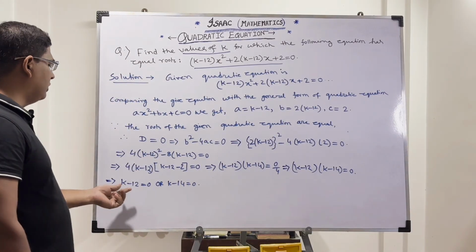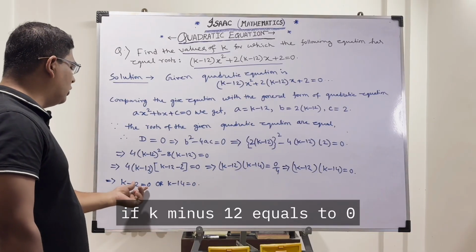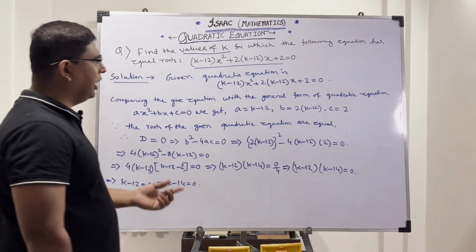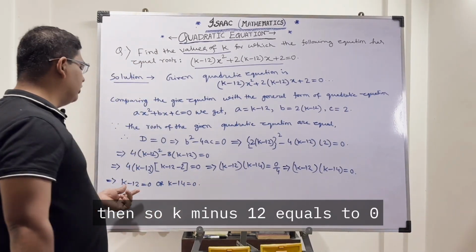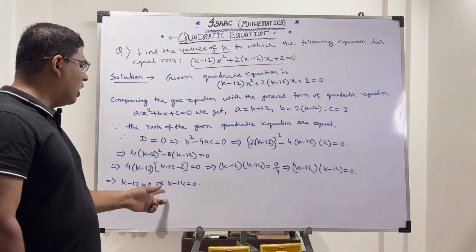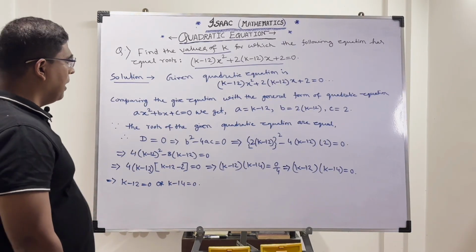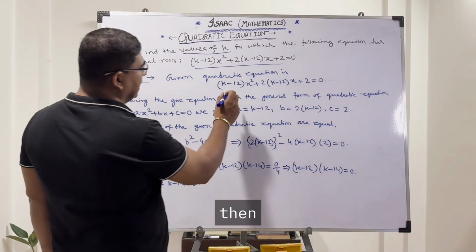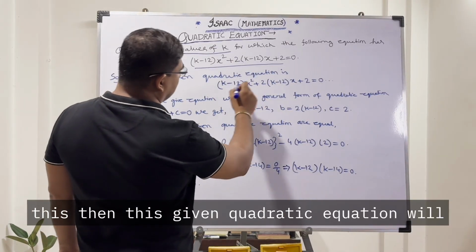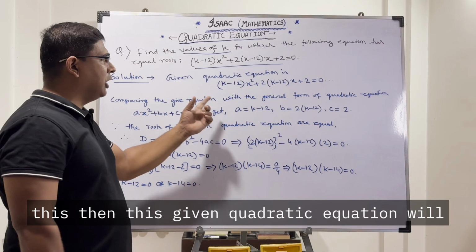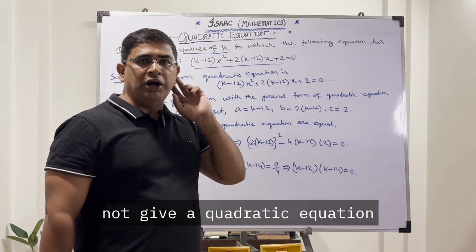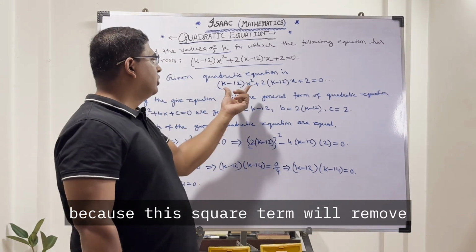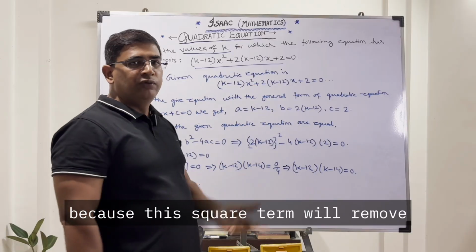But if k minus 12 equals 0, then this given quadratic equation will not be a quadratic equation because the square term will be removed.